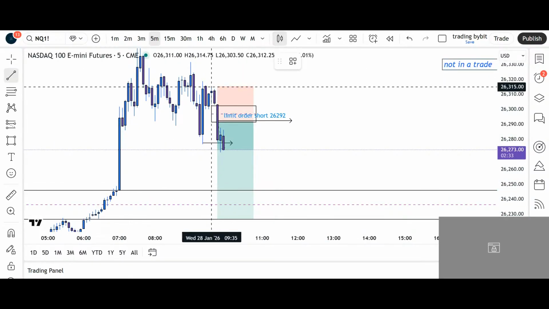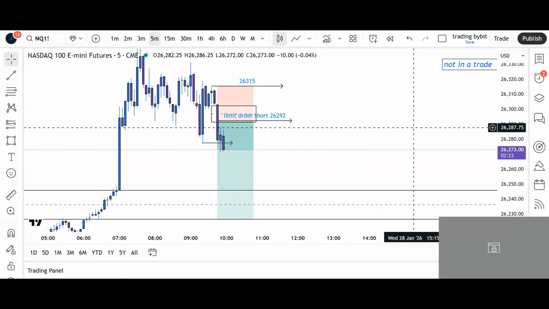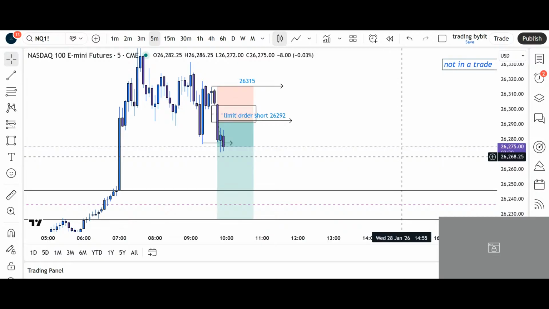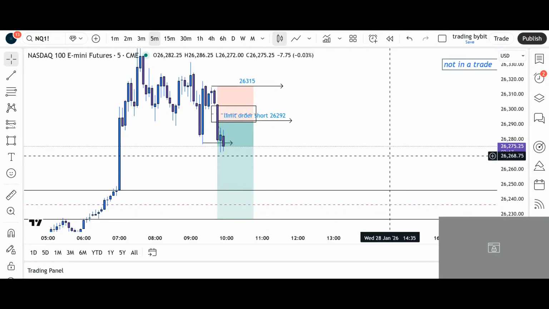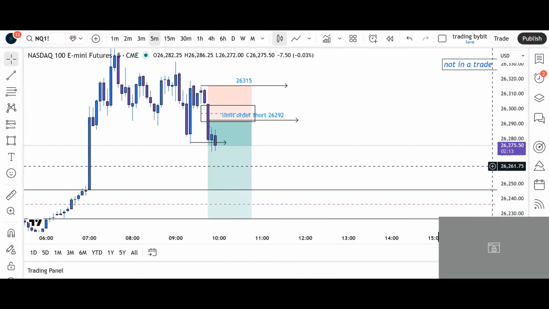Stops are at this candle's high. If this keeps going down, yeah, I'm fine not entering it.